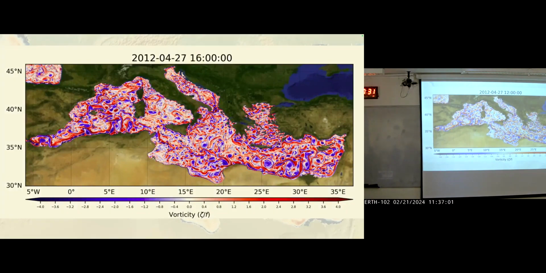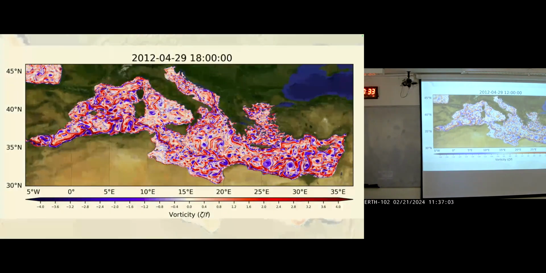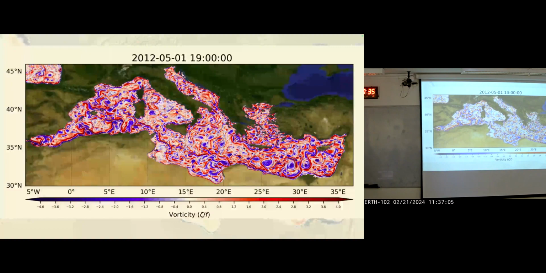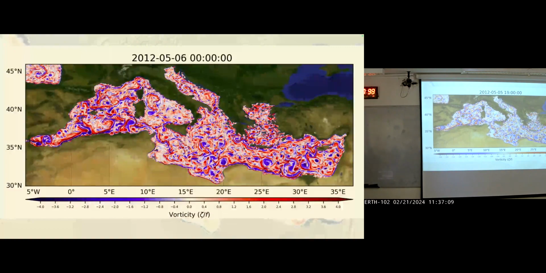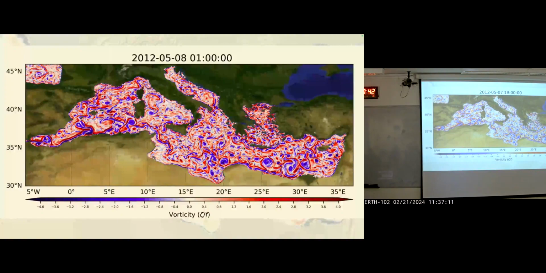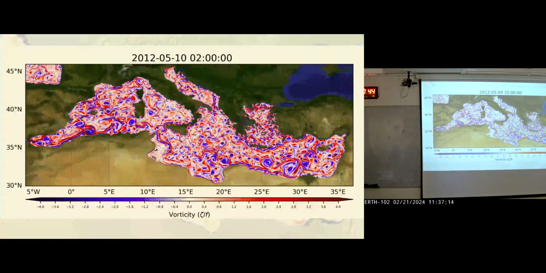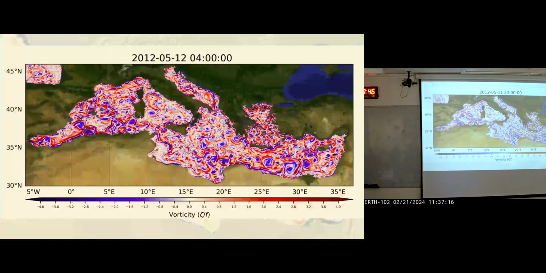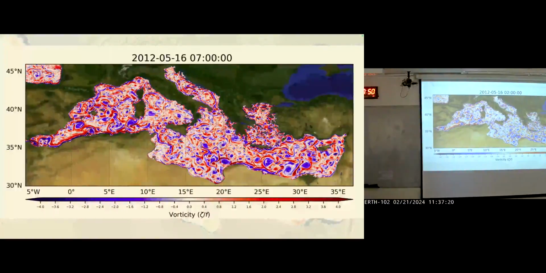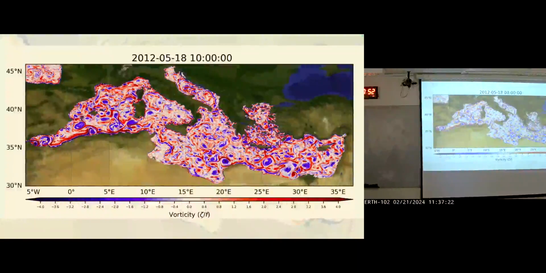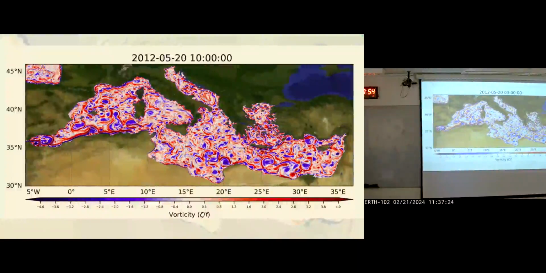So typically the western boundary currents are considered as the most active regions of the world in terms of SST variability. But when I looked at this movie, this is the vorticity normalized by f, I saw that also here in the Mediterranean, we have a lot of mesoscale activity.